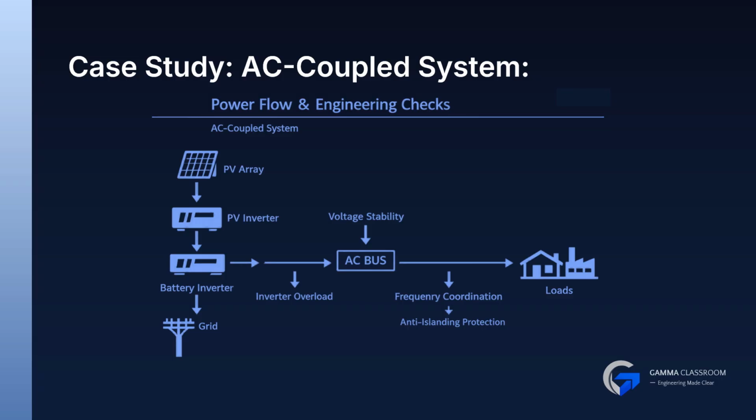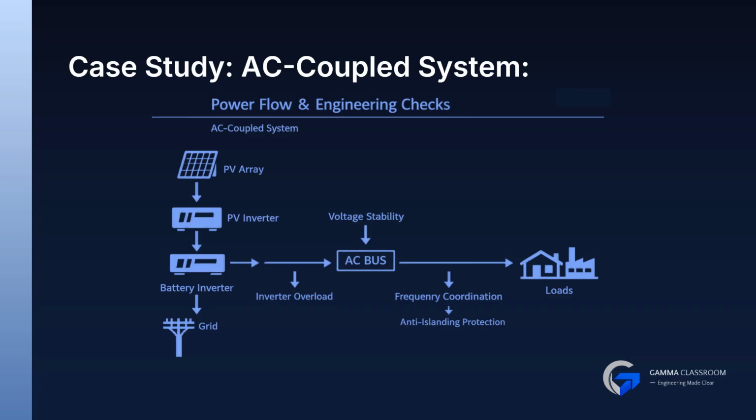In this AC coupled example, the PV inverter and PCS operate independently on the AC side. Power flows through the AC bus, allowing flexible operation, but introducing additional conversion losses.